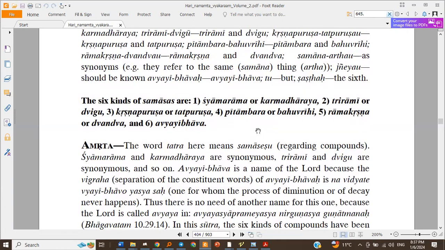So the names in Panini versus Harinama. So these are the names. So the avyaya bhava just remains the same because it is already mentioning the avyaya. Okay. So only the terms are different. Otherwise, the concepts are the same. Only the names are different.